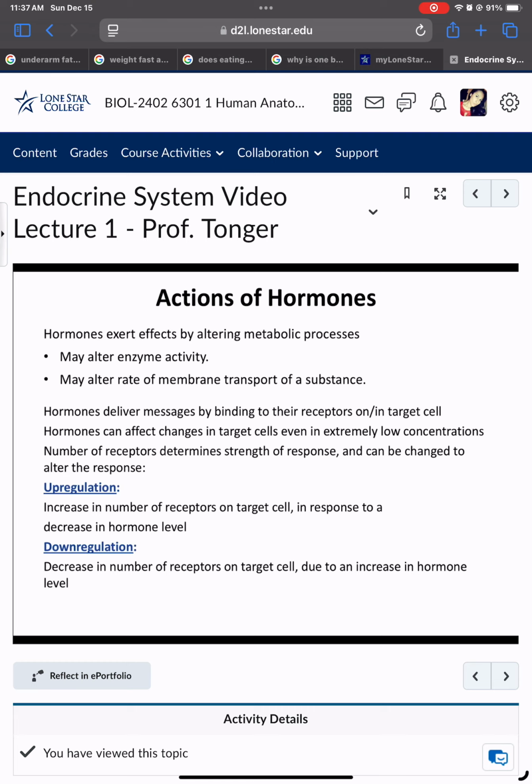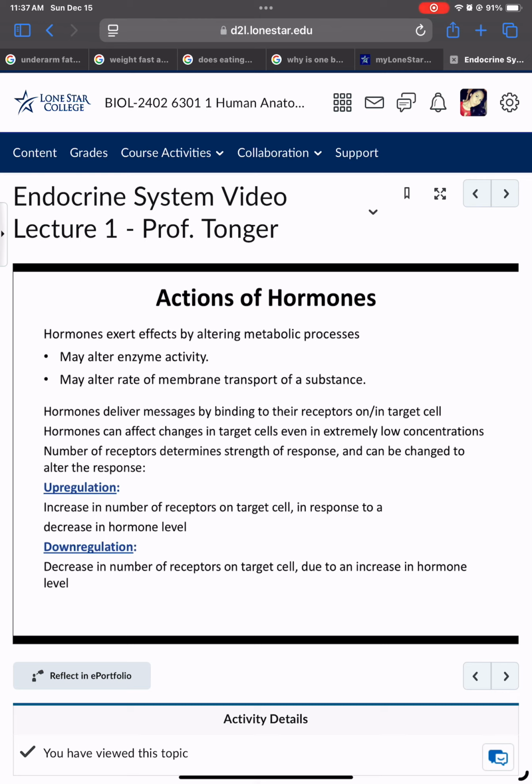But basically, hormones pass on their message by binding to the receptors on the target cell, like I showed you earlier. They can affect changes in the target cell even at extremely low concentration, and that's why they are very, very specific and very, very efficient.